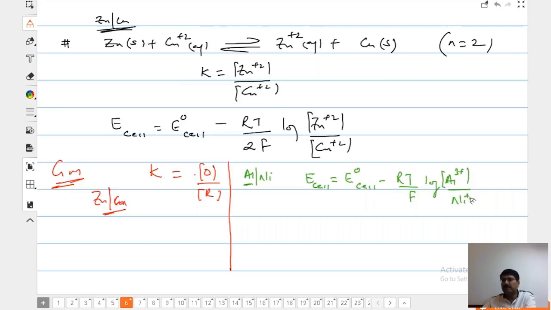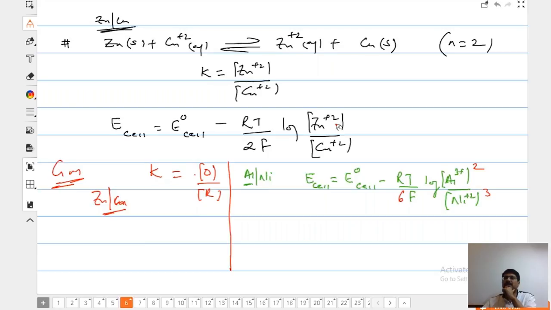The nickel plus 2. Now Pradeep, the powers are not the same. It is 3 and it is 2. You cross multiply. And n will be what? 6. Got it? Remember K is equal to Q.